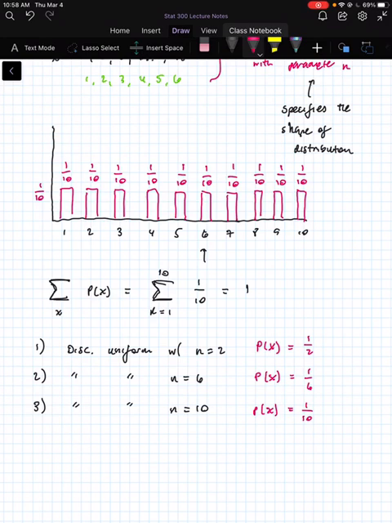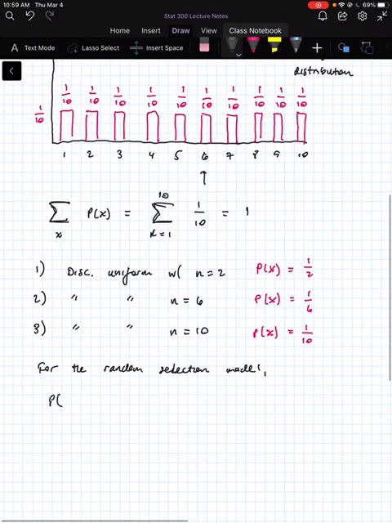And we can answer different kinds of questions about probability and calculate specific probabilities. So for the random selection example, what's the probability of selecting someone who's indexed 7 or higher?